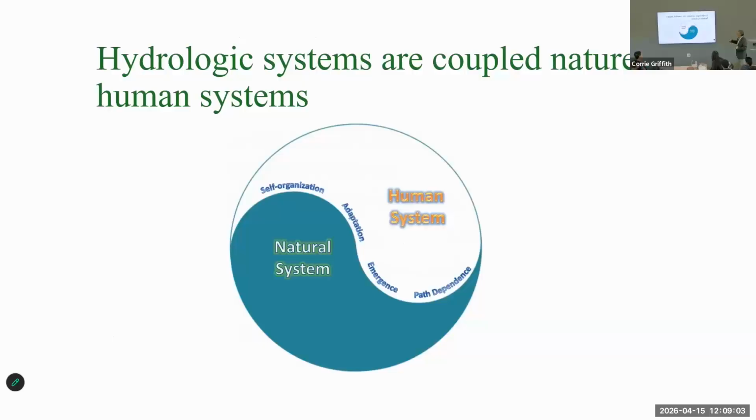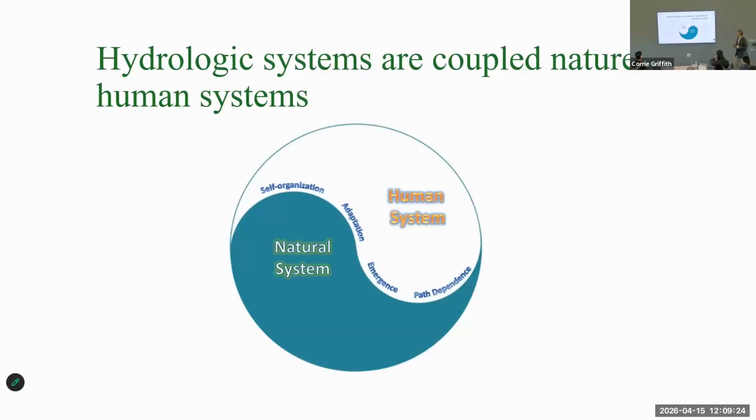So basically, hydrological systems we define as coupled nature-human systems. The interactions of these two components, two systems, end up with so-called self-organization, adaptations, especially on the human side, and also the emergence of some new patterns.